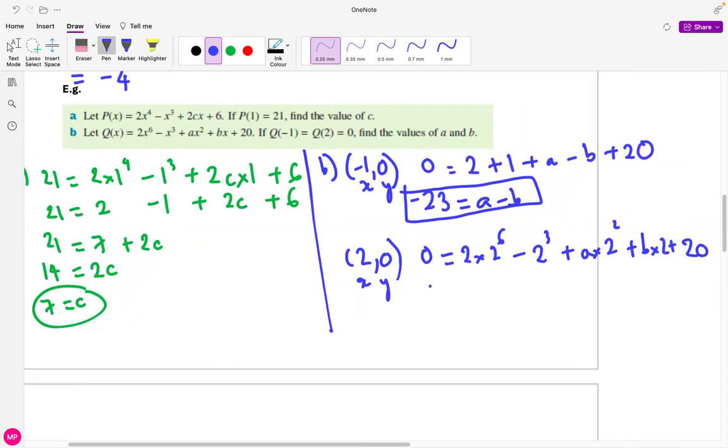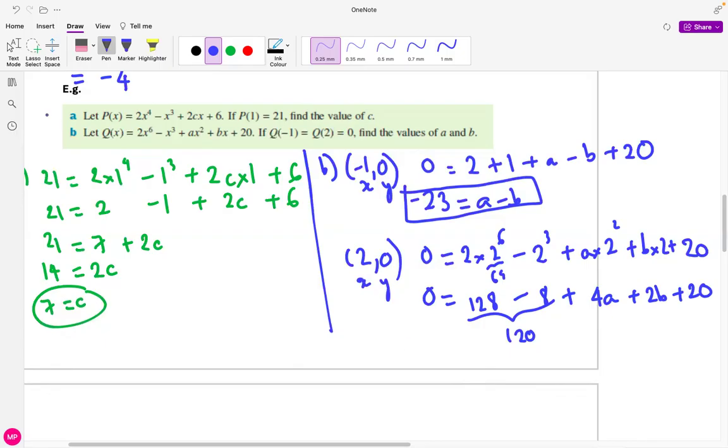Okay, so 0 equal 64 times 2 is 128 minus 2 cubed is a, plus a times 2 squared is 4a, plus 2b plus 20, like that. 128 minus a is 120, plus 20 is 140.